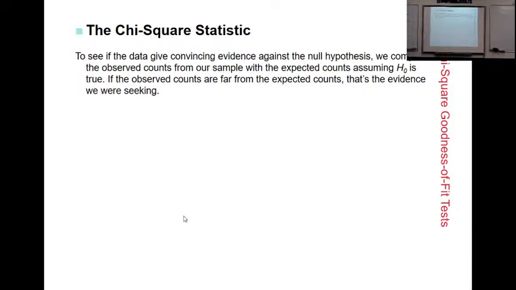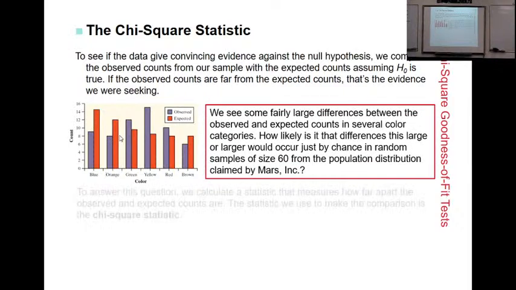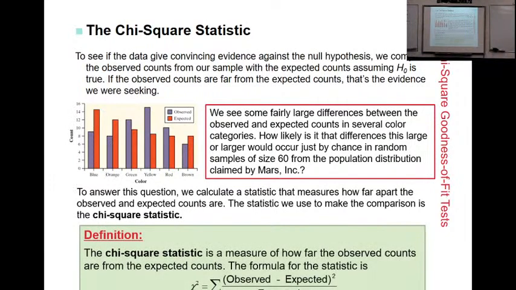Hopefully it should make sense that in some way this calculation is going to involve comparing your observed values with what you would expect the values to be, in a similar way that we would look at this bar chart and compare it. But this formula is going to scale it down to how far off, based on our sample size and based on what our expected values actually are. There's the formula.